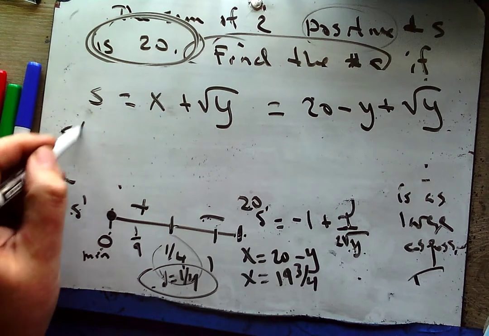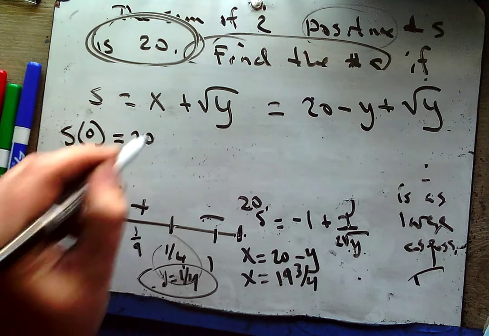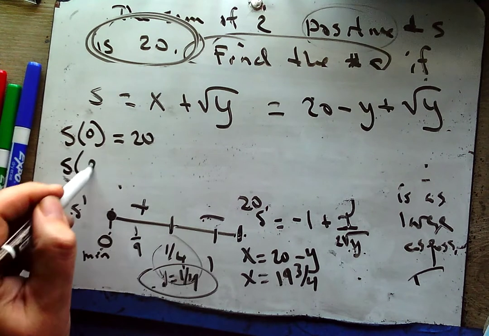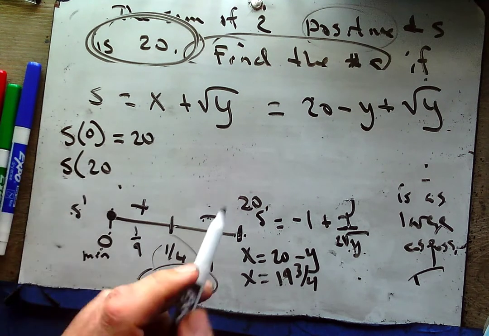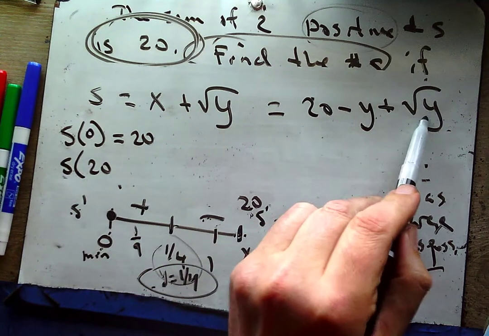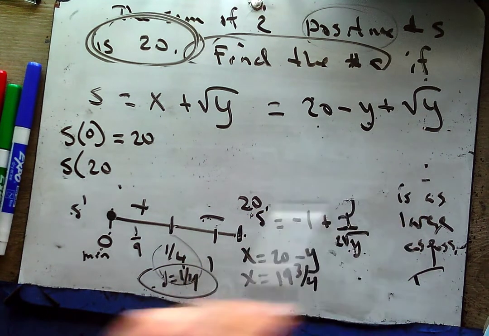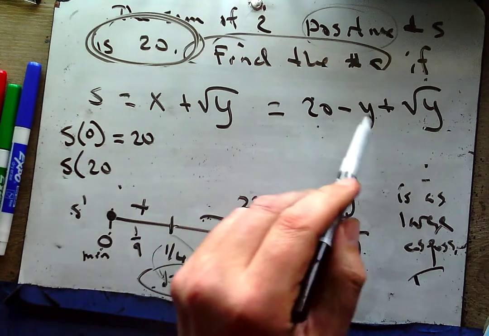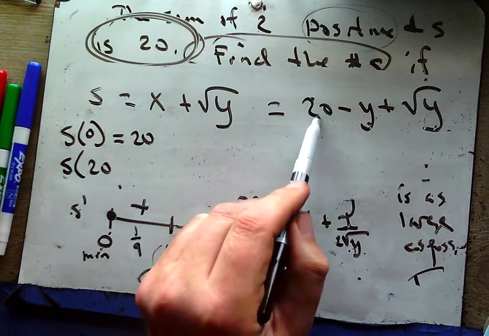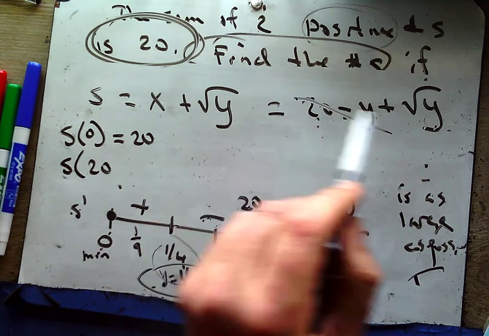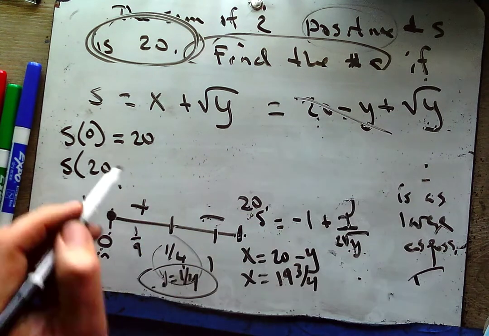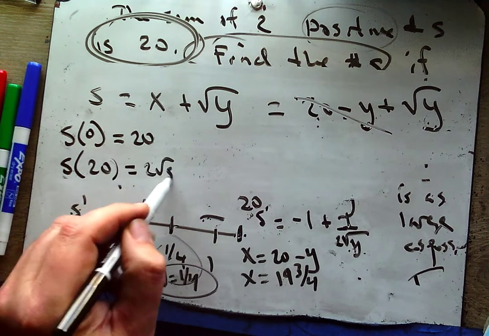So s of 0 equals 20. And what about s of 20? If I put in a 20 here and here, I've got 20 minus 20, which is 0, and then I have the square root of 20, which is 2 root 5.